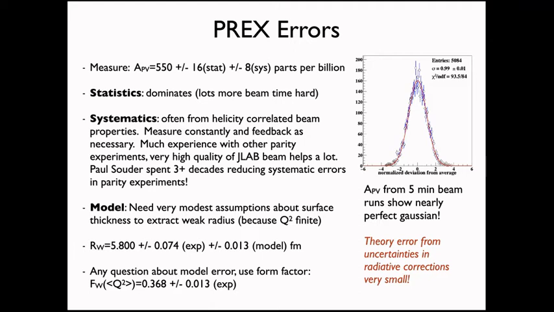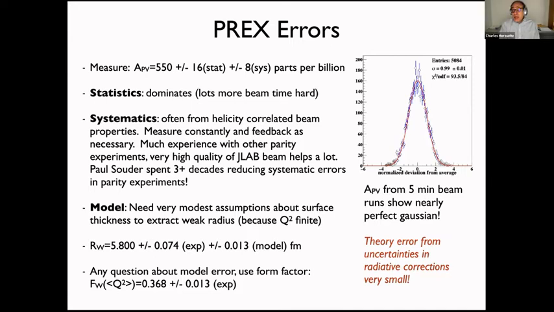And then finally, let me mention this small model error. Undoubtedly, this model error is the error that's most often confused or misunderstood. To determine an RMS radius, it's the derivative of a form factor in principle at 0 q squared. You can't measure at 0 q squared, you measure at a finite but small q squared.